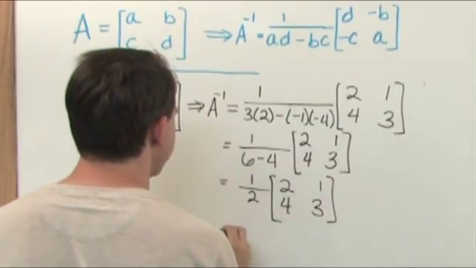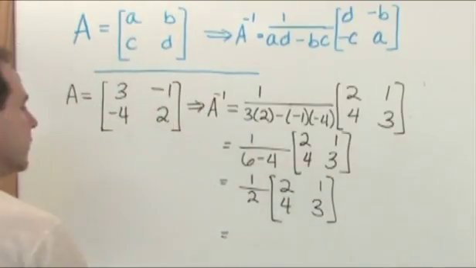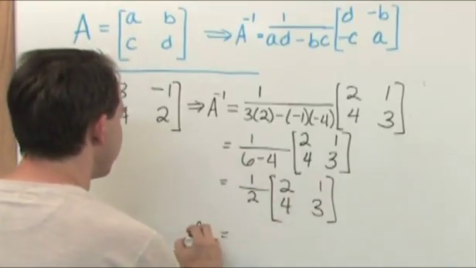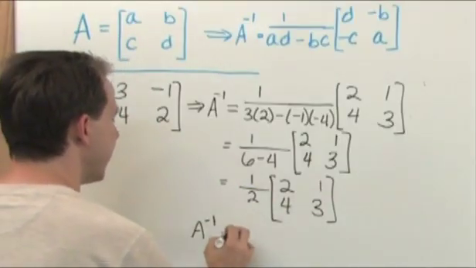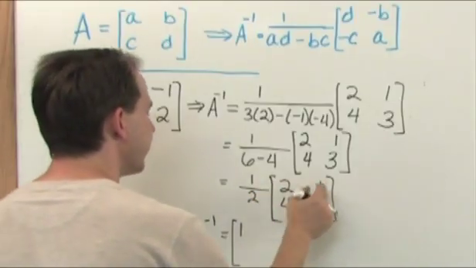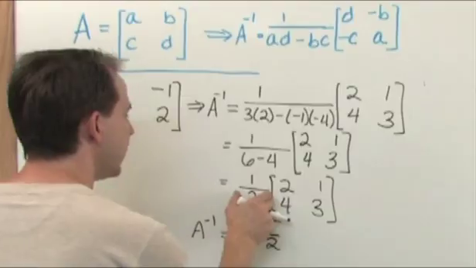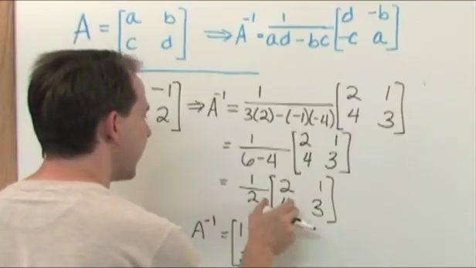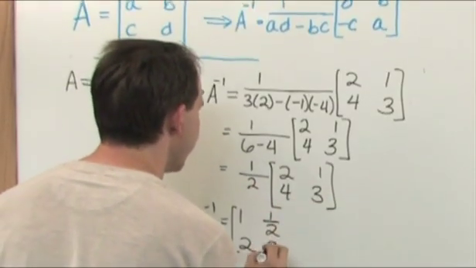And again, to find the inverse, you need to distribute this in, or multiply by every element. So the inverse matrix is going to equal 1/2 times 2 is 1, 1/2 times 1 is 1/2, 1/2 times 4 is 2, 1/2 times 3 is 3/2.